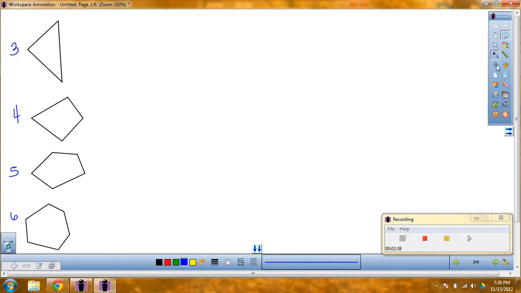Again, what's going to be helpful is if we have our diagonals drawn in from one vertex, and this is going to help us find the interior sum of the polygon. Here are our diagonals. In addition to this, we are going to talk about the process that we're using to find the sum. And over here we're going to write the sum of the interior angles.